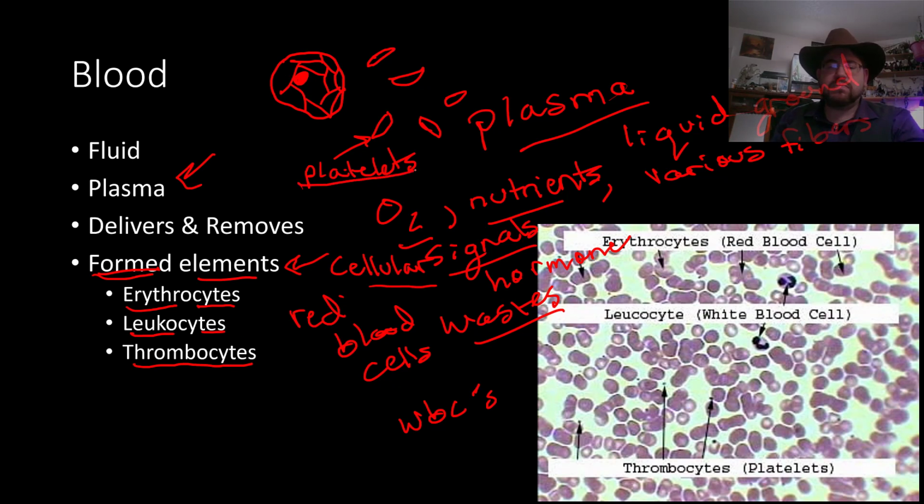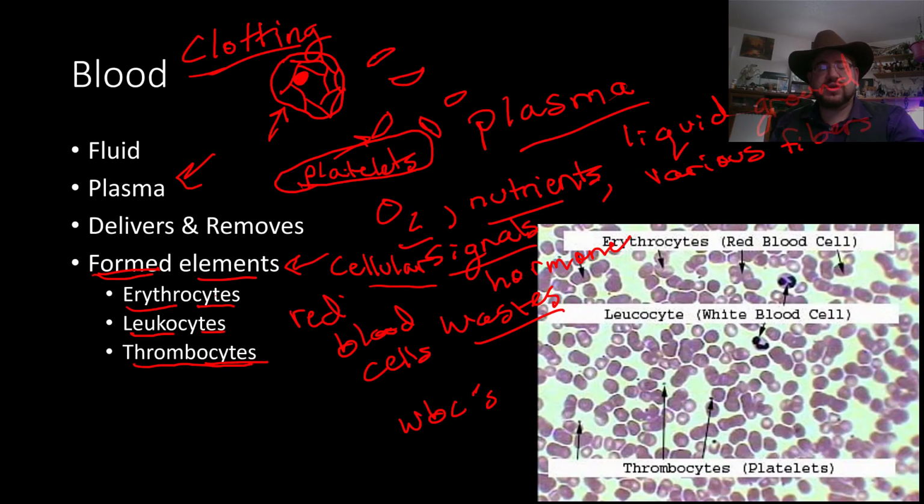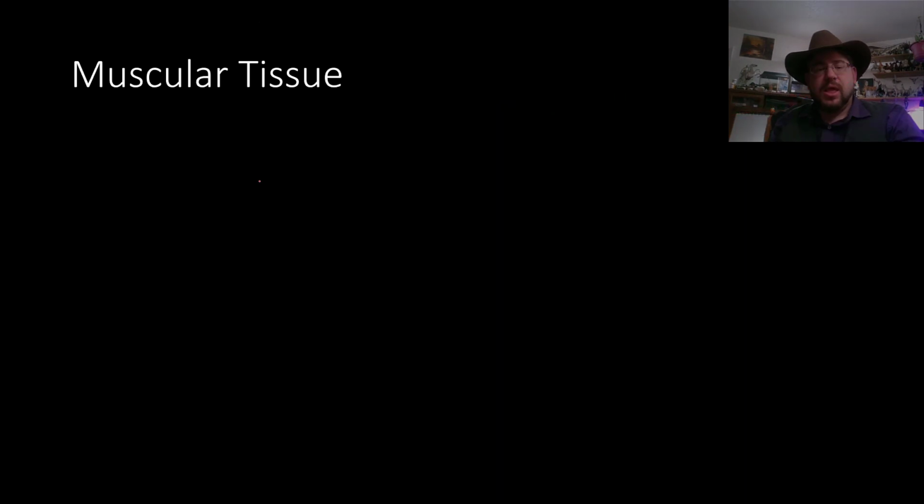Thrombocytes are the platelets, the clotting structures in blood. We use cyte because they're derived from a cell, but they are the clotting structures. And then there's various other things all throughout blood. We're not going to get deep into blood until later in the circulatory system, so that's enough for now.